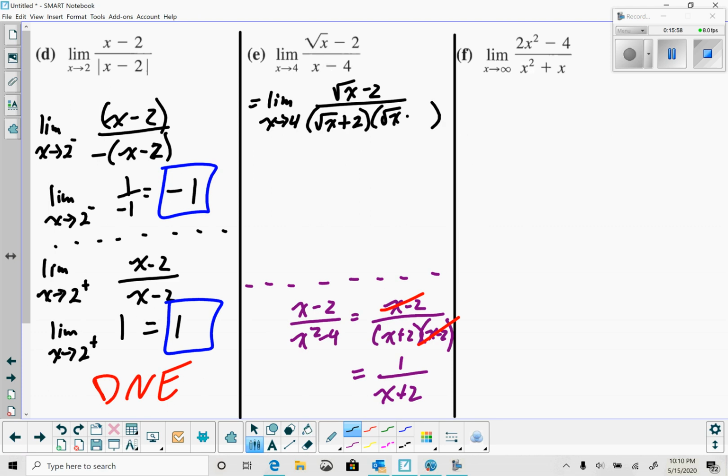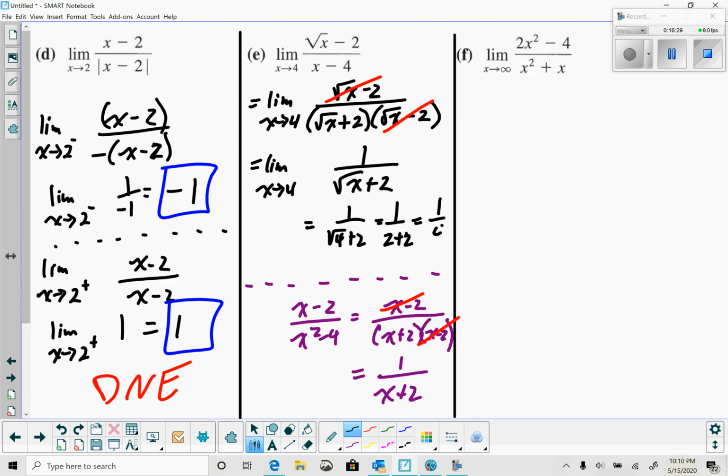One of these has to be plus 2, one of these is minus 2, and would you look at that? So this is now the limit as x approaches 4 of 1 over square root of x plus 2. Now if I do the substitution, no 0 as my denominator. So this is 1 over square root of 4 plus 2, 1 over 2 plus 2. This limit should be 1/4.